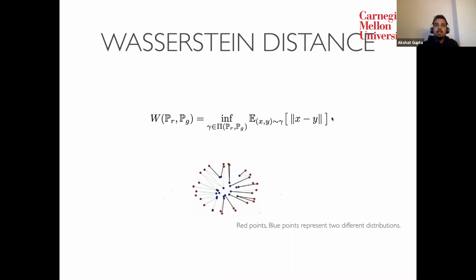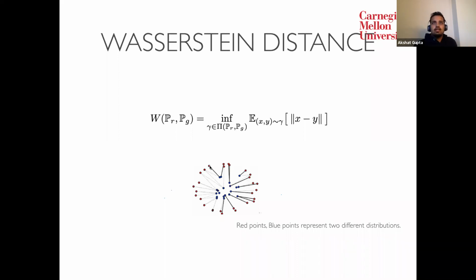We want to find the mean distance between the red and the blue points so that we transform the red distribution into the blue one. Now, let's see what this means. The infimum term. We want to convert the red distribution to the blue distribution.